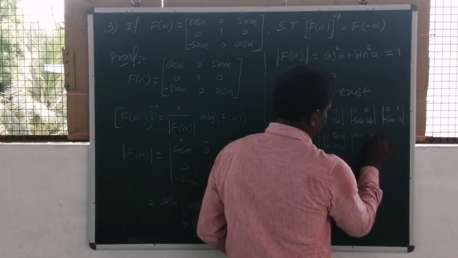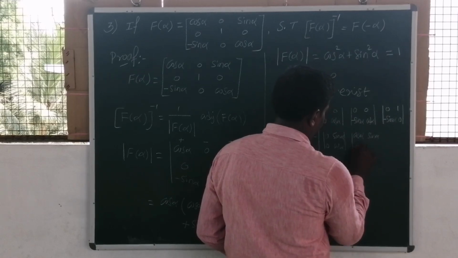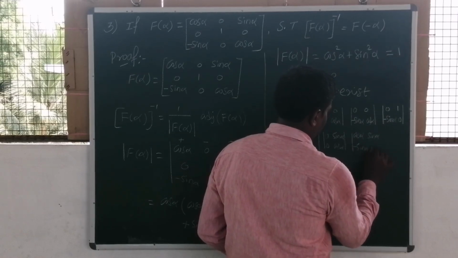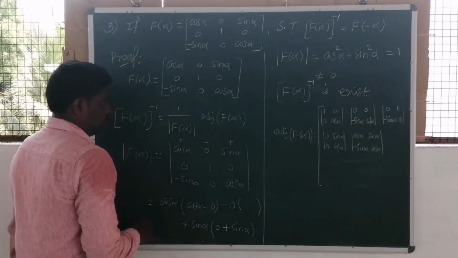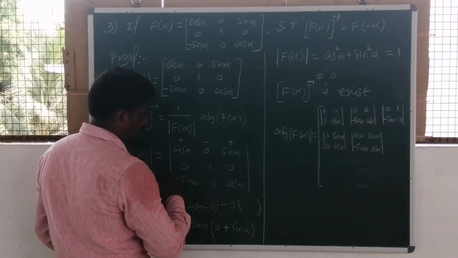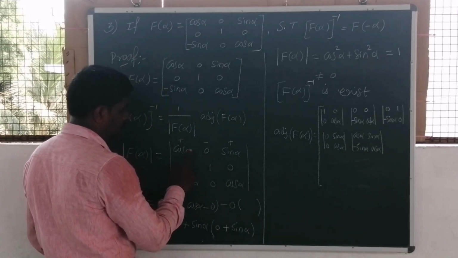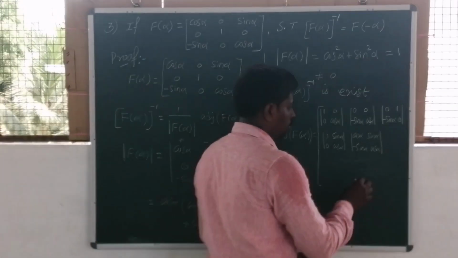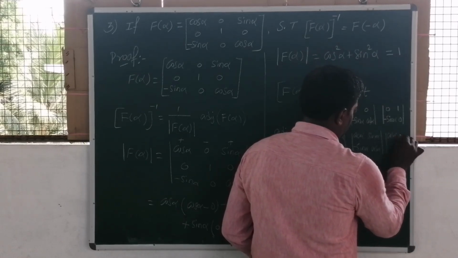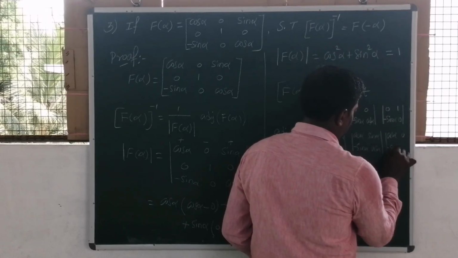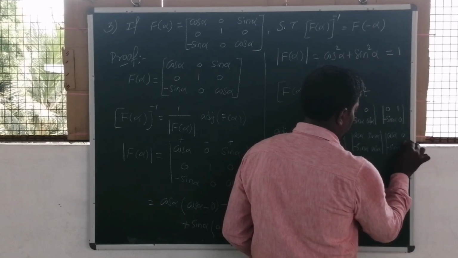The sixth element, second row third column, is cos alpha 0 minus sin alpha 0.